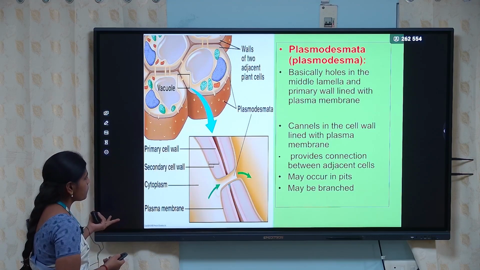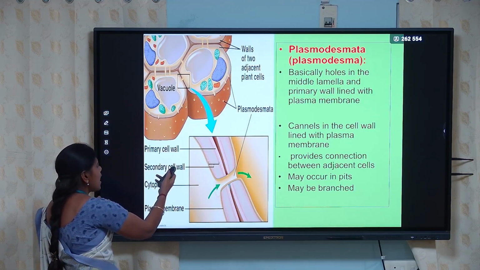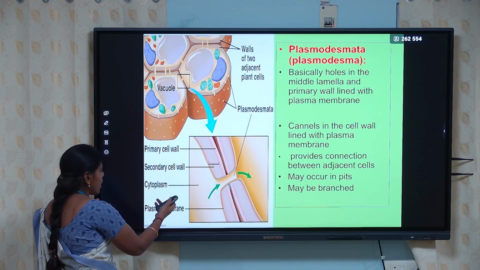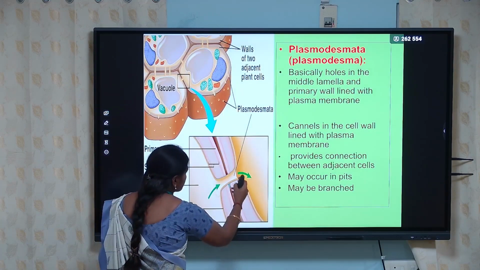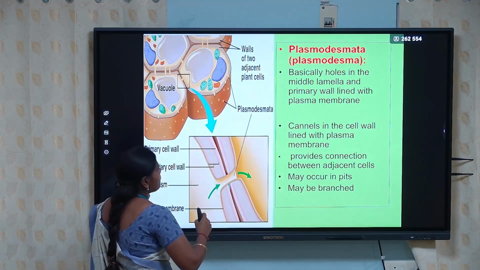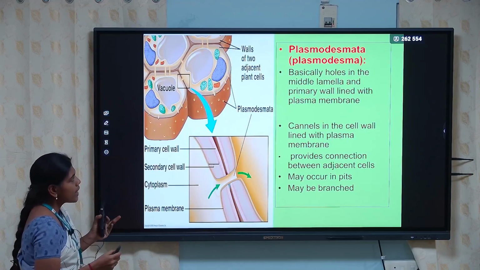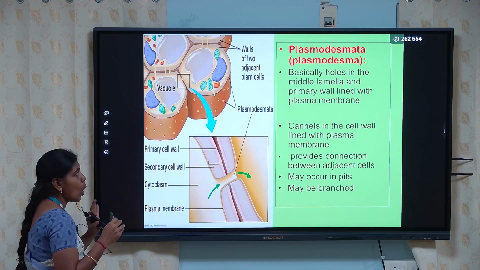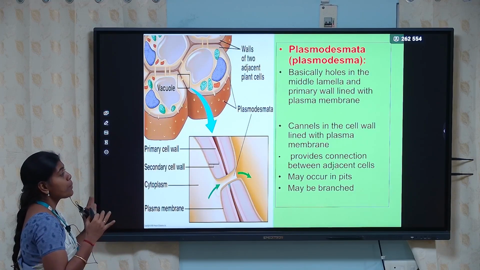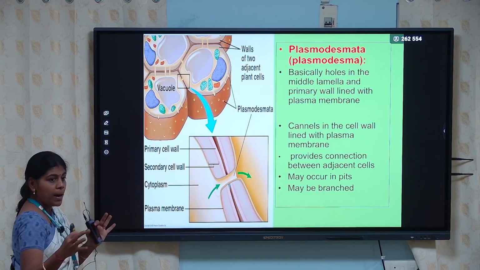And see here, this is the primary wall and the secondary wall, this is the cytoplasm and the plasma membrane. Each gap is surrounded by plasmodesmata. Plasmodesmata are basically holes in the middle lamella and primary wall, lined with the plasma membrane.